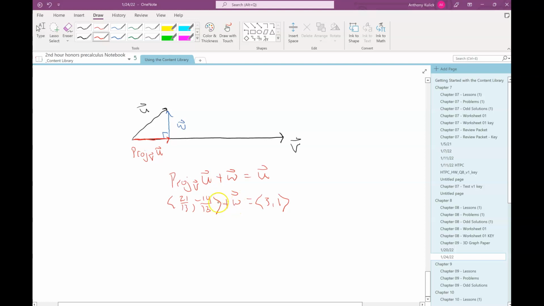Okay. So to get the W by itself, I'm just going to subtract the projection over to the other side. So 3 is 39 over 13, and 39 minus 21 is 18. 1 is 13 over 13, and 13 minus a negative 14 is 27 over 13.